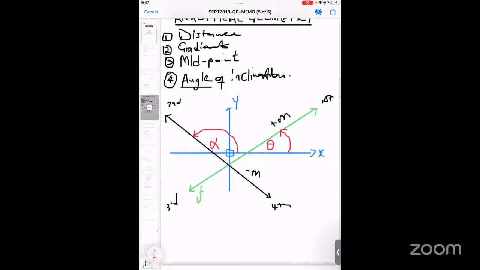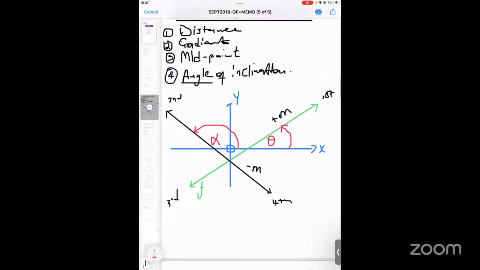Always when we calculate an angle of inclination, we must get a positive number. If we don't get a positive number when we calculate the angle of inclination, then you must add 180 degrees to it. I'm just trying to simplify it for now. So what is the formula to calculate the angle of inclination?